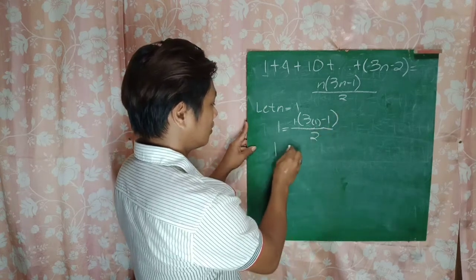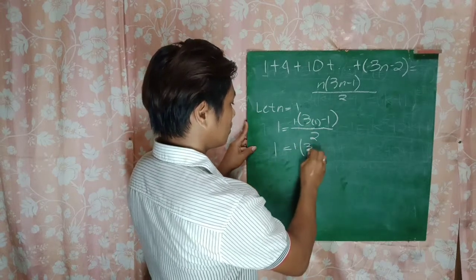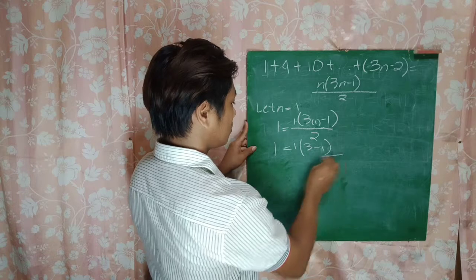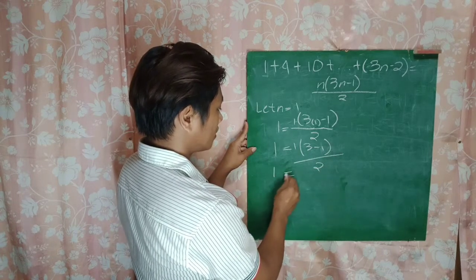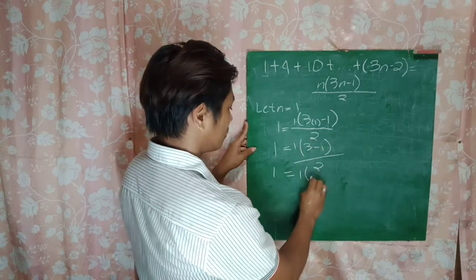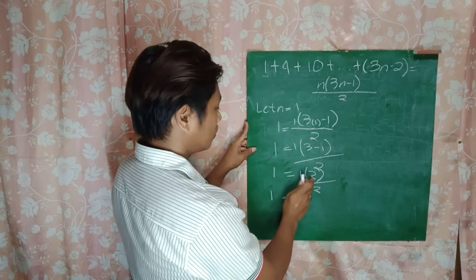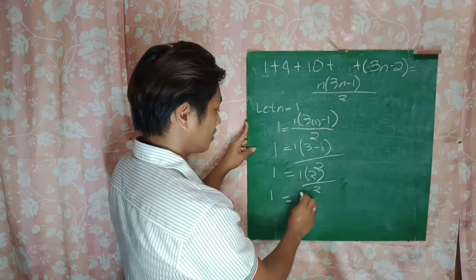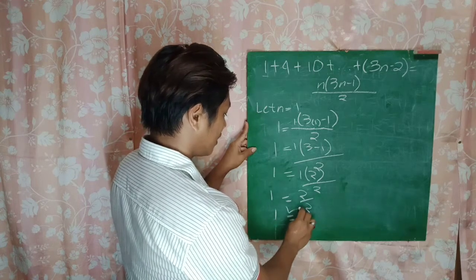So 3 times 1 is 3, minus 1 over 2. So we have 1 equals, by subtracting 3 minus 1, 2 over 2. So 1, 2 times 1 is 2 over 2. So we divide, so 1, so they're equal.